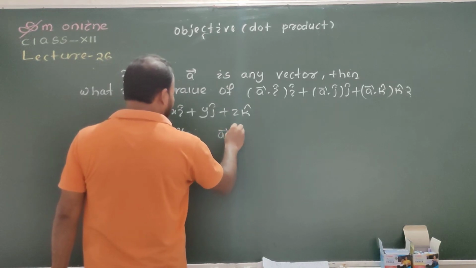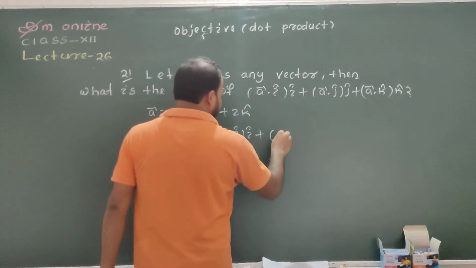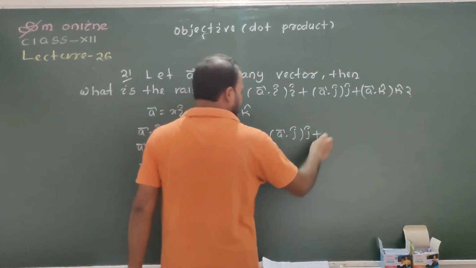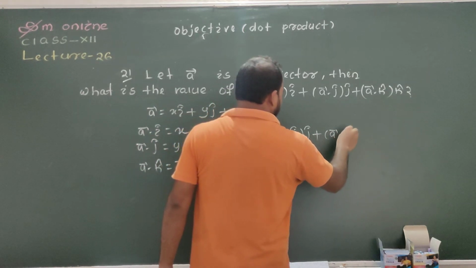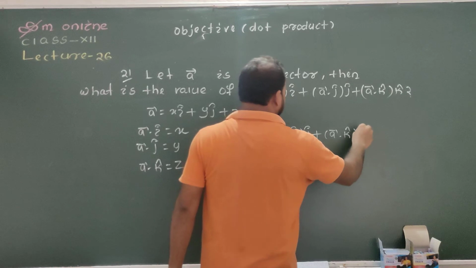Now the question is vector A dot I cap into I cap plus vector A dot j cap into j cap plus vector A dot k cap into k cap.